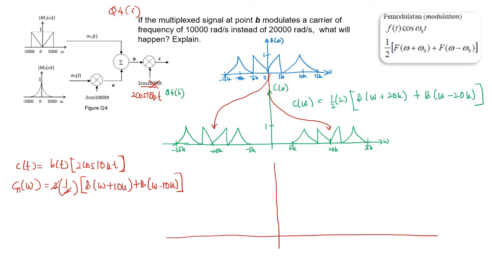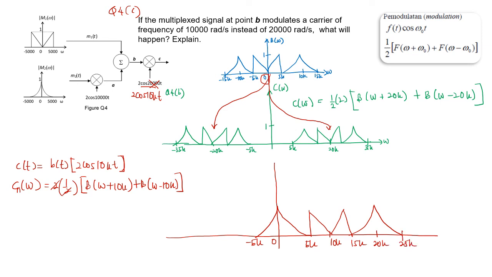Now the center, supposedly at 0, becomes 10k. Here is 10k, here is 5k, here is 0 and negative 5k. And here is 10, 15, 20 and 25k.